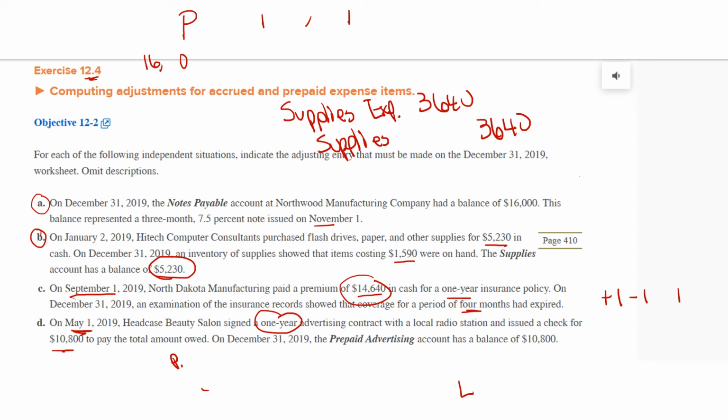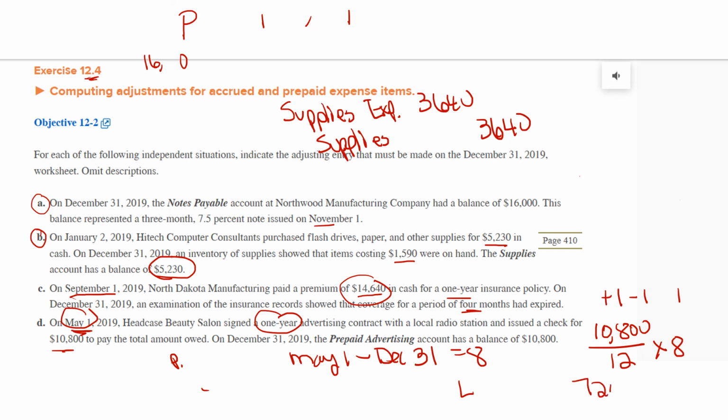So remember the calculation: $10,800 divided by 12 to get a monthly amount. And of course, remember May 1st is a starting point, so let's count this out. May 1st through December 31st, May through December, that's going to be 8 months. So you're going to multiply this by 8, and that'll give you $7,200 of advertising expense.